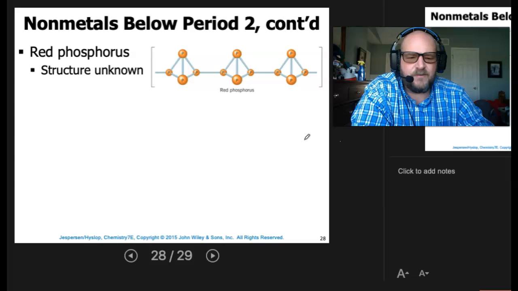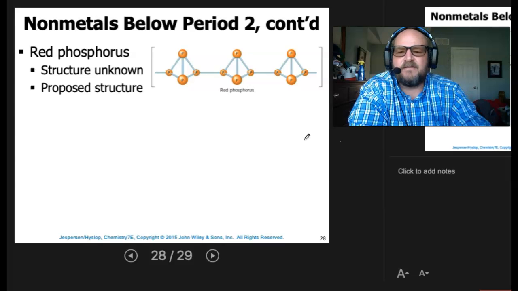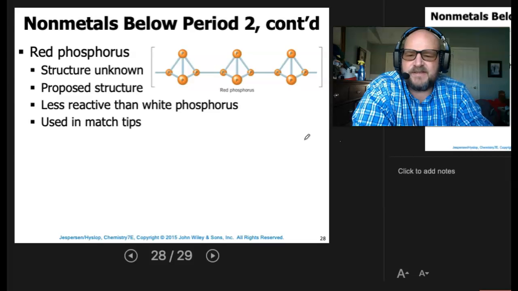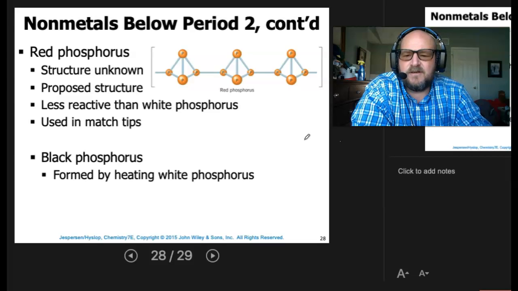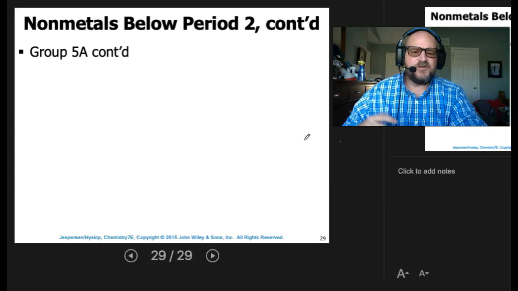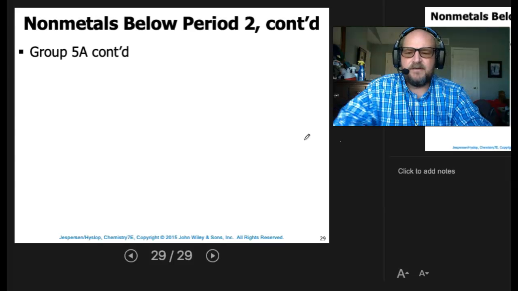Going through these rather quick because obviously they're not going to be as important as being able to draw out your MOs and things of that nature. I wouldn't worry about the details of the different allotropes. You should know what an allotrope is.